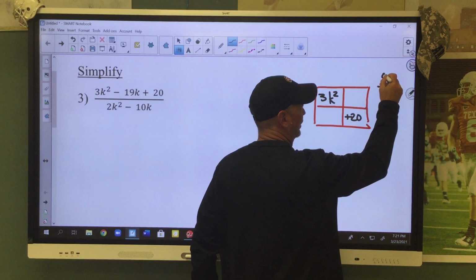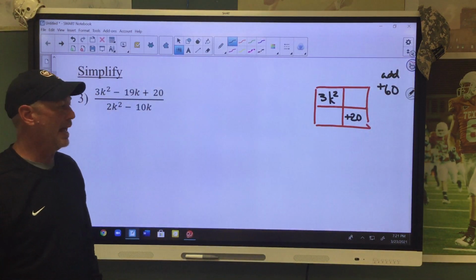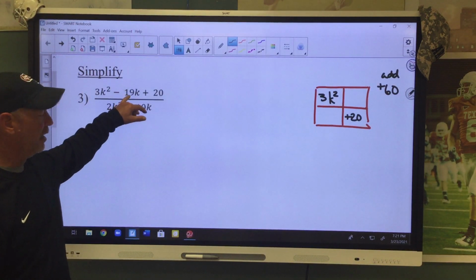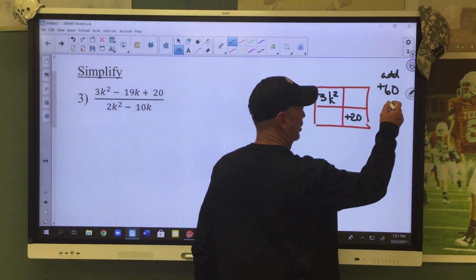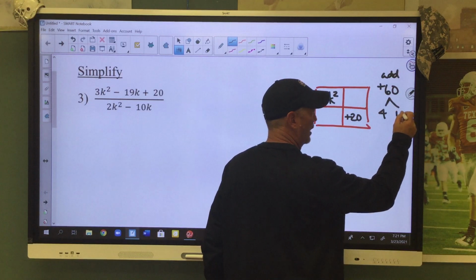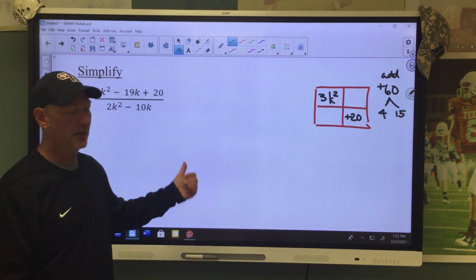Since it's a positive 60, we're going to add to find our combination, okay? And we need it to add up to 19. To make this quicker, long story short, we're going to use 4 times 15 because that will add up to 19, okay?